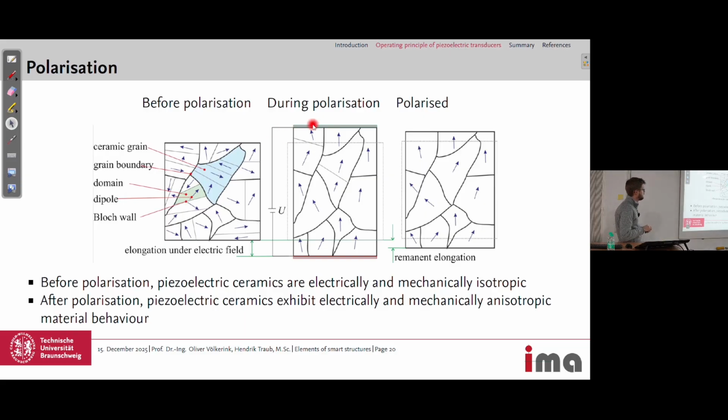If we apply the electric field, the crystal is elongated compared to its spontaneous polarized state. And if we then remove the field again, it will deform a bit back, and we have a remanent elongation, which is still a bit elongated compared to the state before. And before polarization, the piezoelectric ceramics are electrically and mechanically isotropic, and after that we have an anisotropic material behavior.